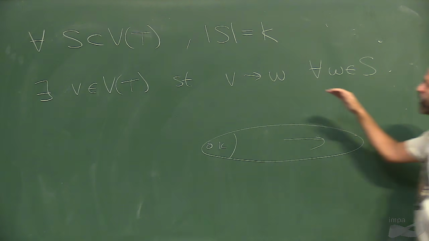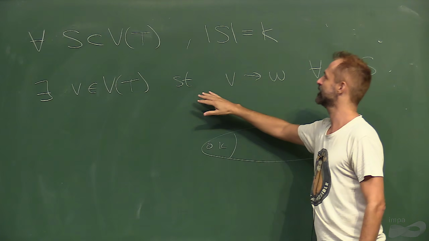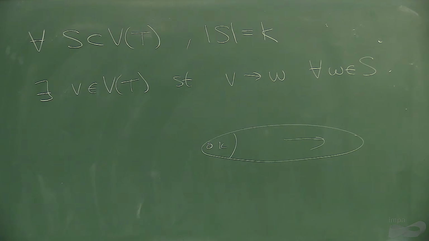We care about whether or not there exists a set which fails to have this property. So we should count the sets that fail to have that property.